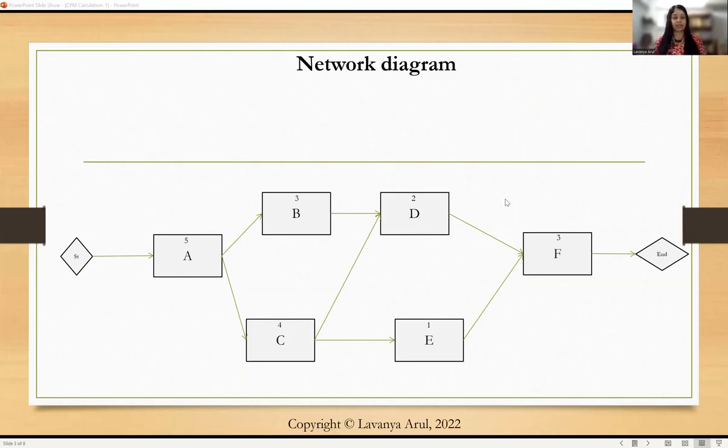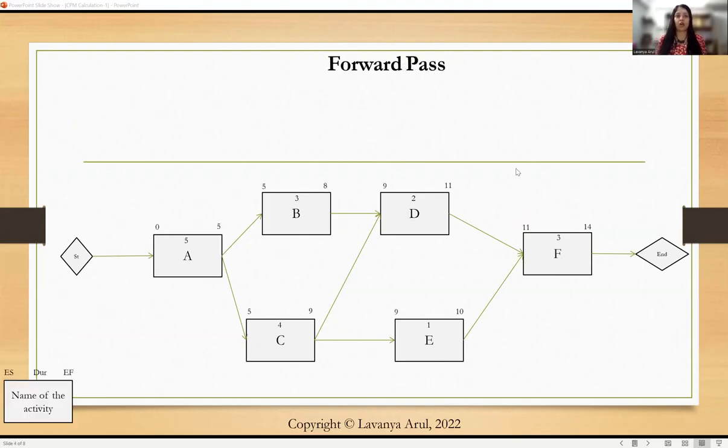If you look at it, the box is considered to be the activity. Within the box, it's its name. On top center, we see the duration. Now, we need to say how soon you can start this activity and how soon we can finish this activity. That is what we are going to work out as part of your forward pass.